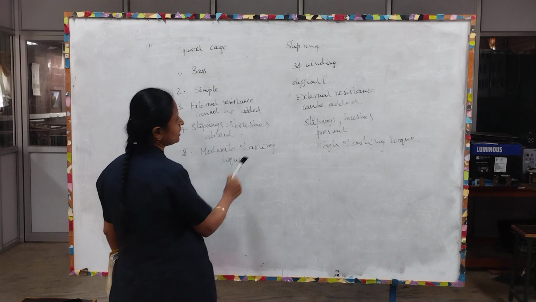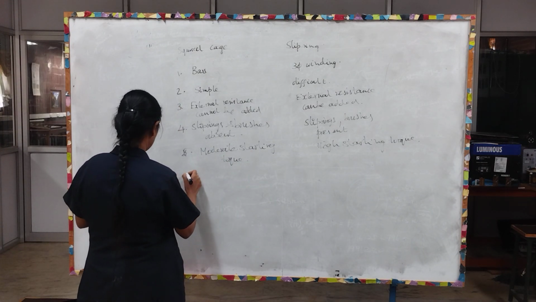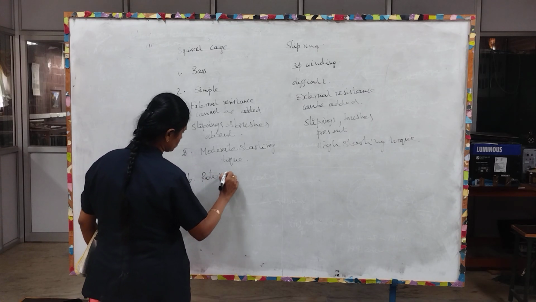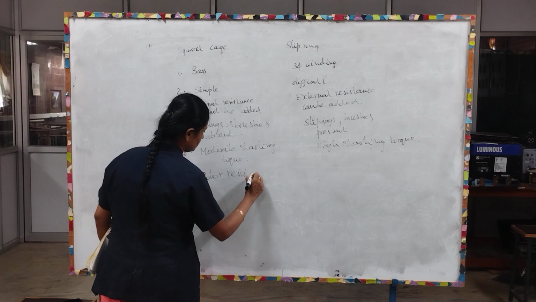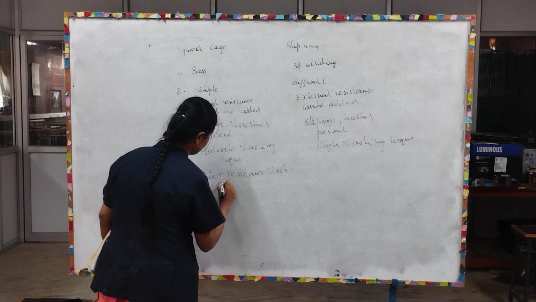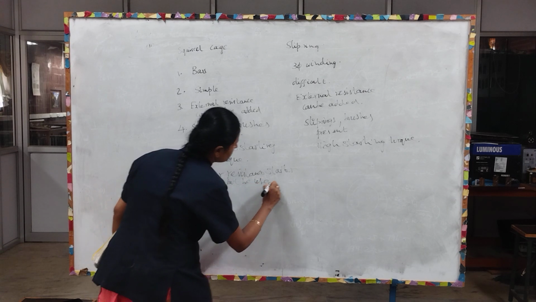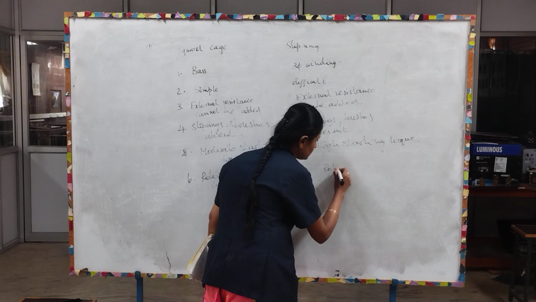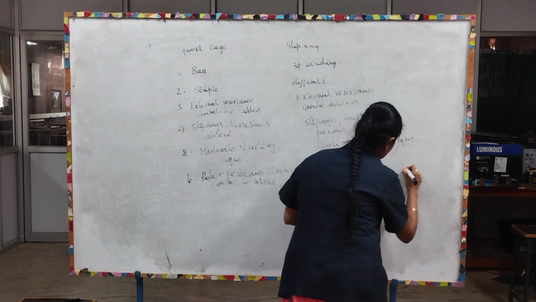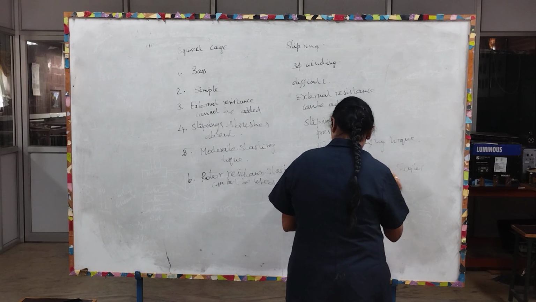In squirrel cage, a rotor resistance starter cannot be used, whereas in slip ring a rotor resistance starter can be used.